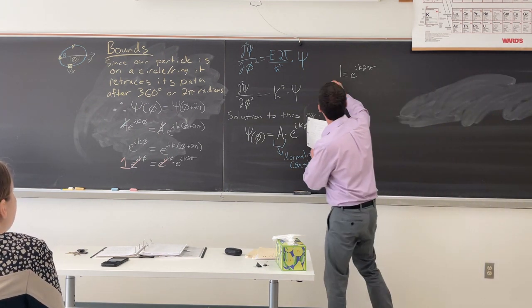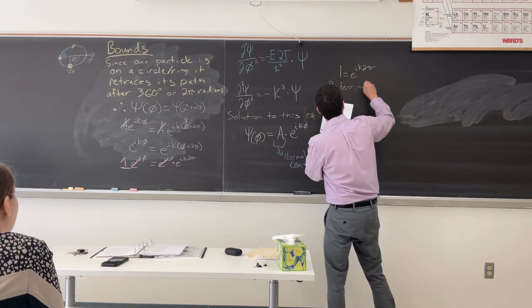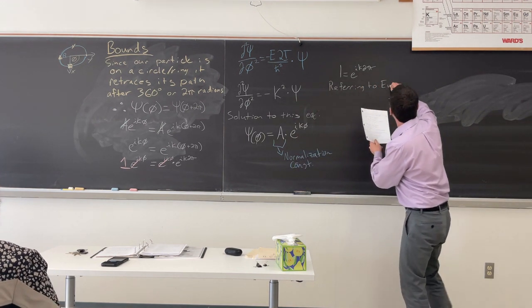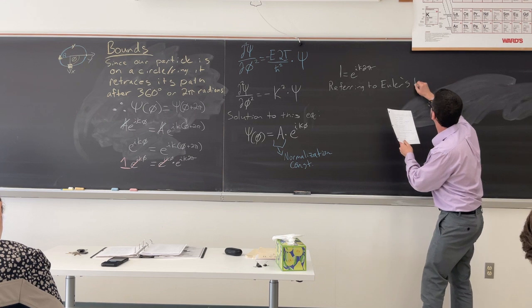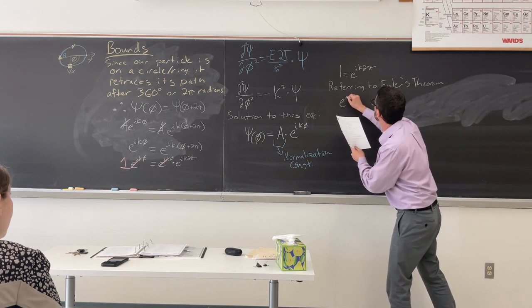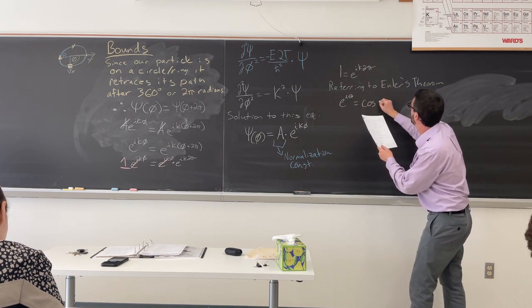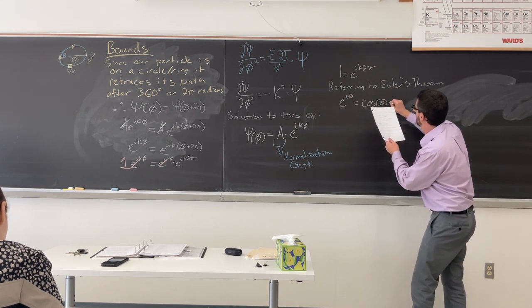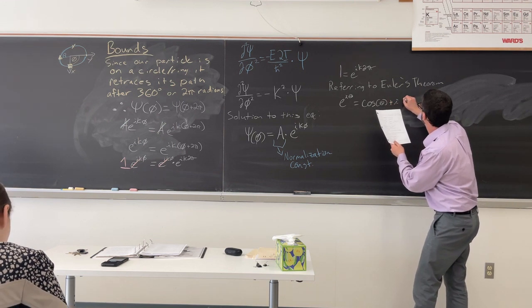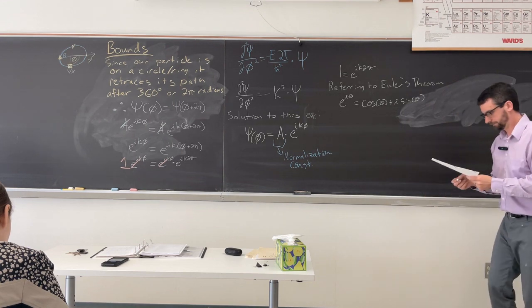Fourier transforms for the win. Let's go to Euler's theorem. We got e to the i theta is equal to cosine theta plus i sine theta.